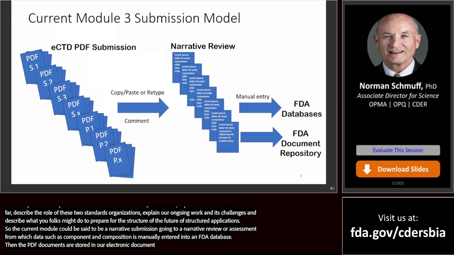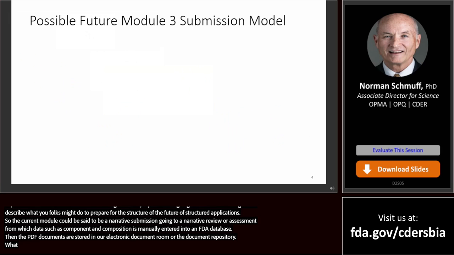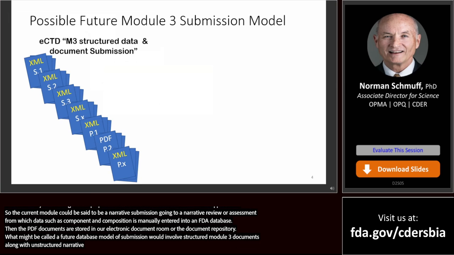or the document repository. What might be called a future database model of submission would involve both structured Module 3 documents along with some unstructured narrative. For example, how it is that you arrived at the wet granulation model as compared to direct compression.